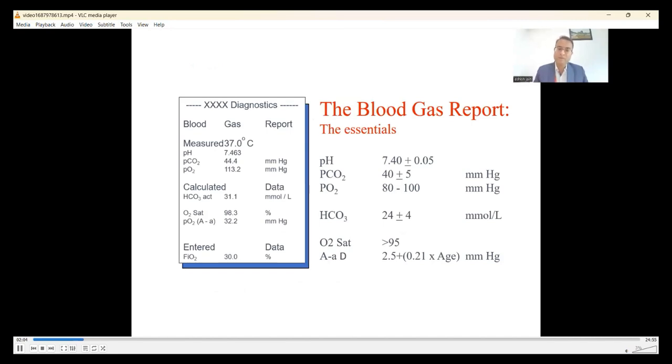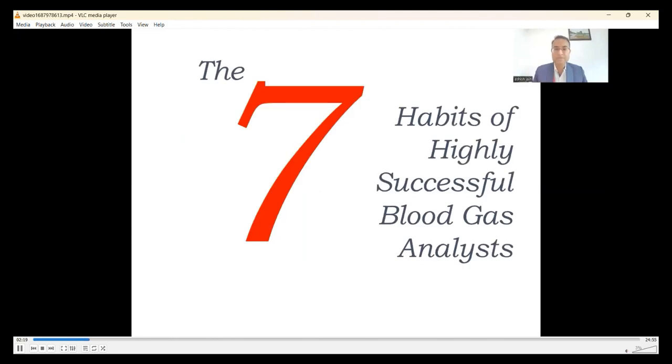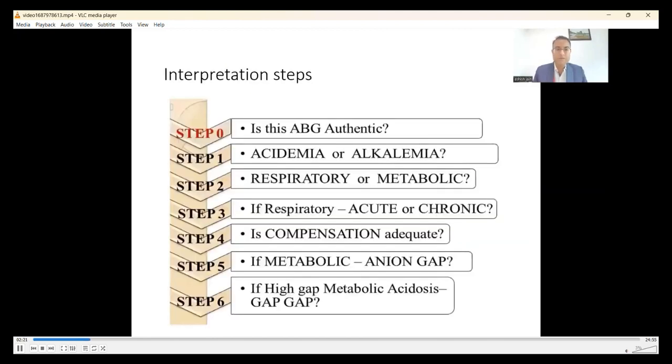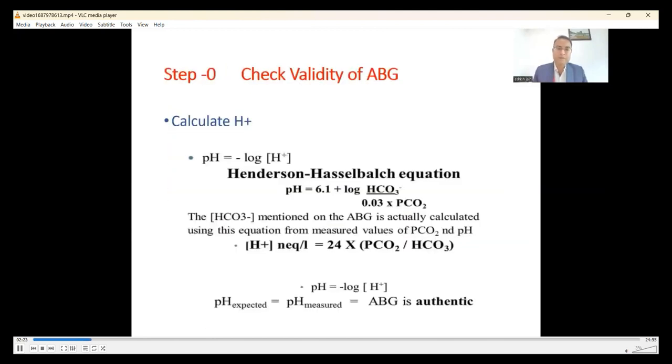Now, for calculation purposes, we take some normal values of different parameters: pH 7.40, PCO2 40, PO2 80, and bicarbonate around 24.